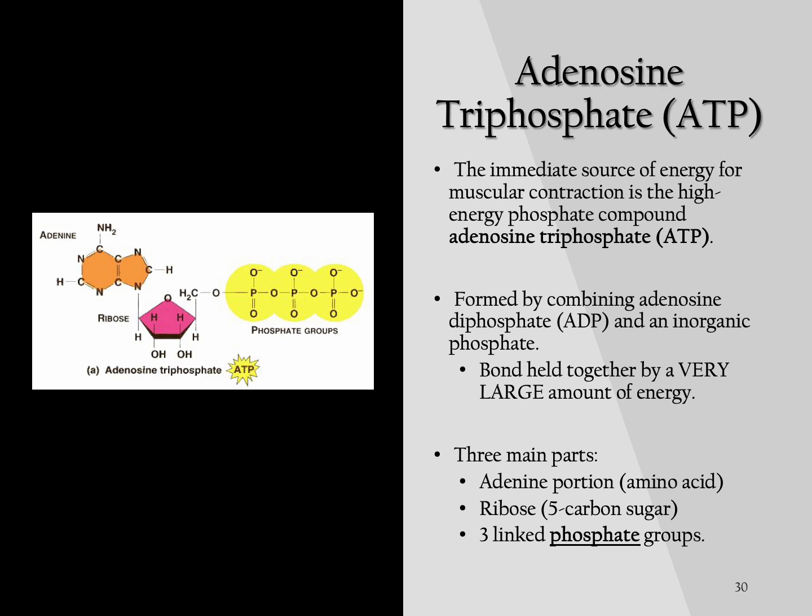There are three main parts: the adenosine portion, the ribose, which is a 5-carbon sugar, and 3 phosphate groups. In between the phosphate groups is the energy once it's cracked. So think of a pencil breaking. Once you hear that pop from the pencil breaking, that is a release of energy. The same thing with the 3 linked phosphate groups. Once each of those bonds is broken, it releases energy.